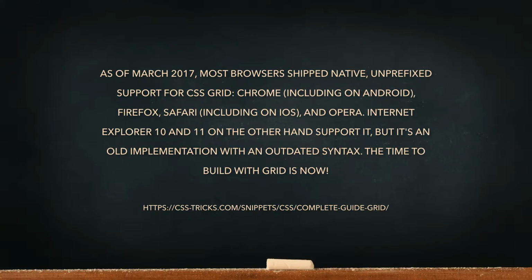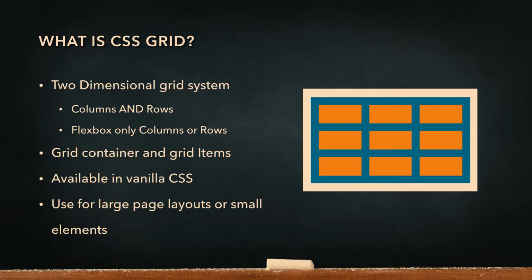And it's true. I've started building it for a lot of my projects in the last few months, and I can say with confidence that it definitely helps a lot and makes things look a lot better too. So what is CSS Grid? CSS Grid is a two-dimensional grid system. And what I mean by that is it's a system made of columns and rows.